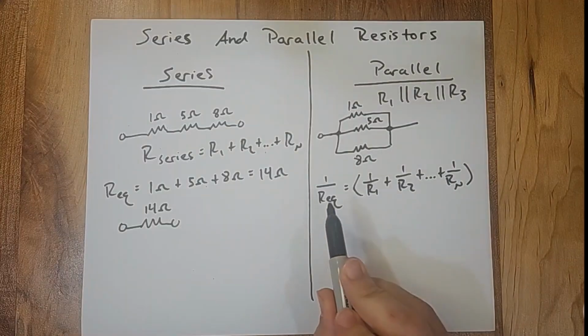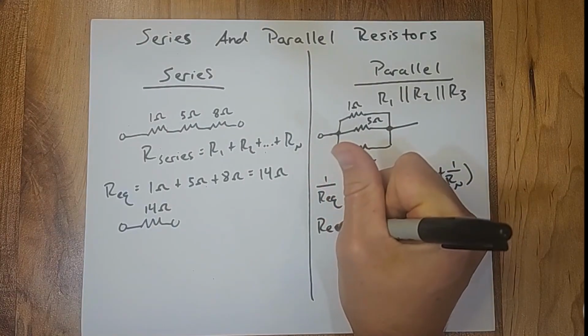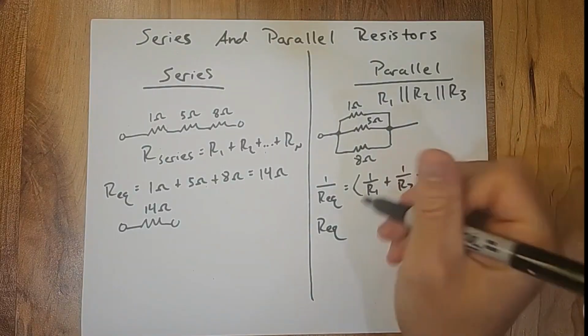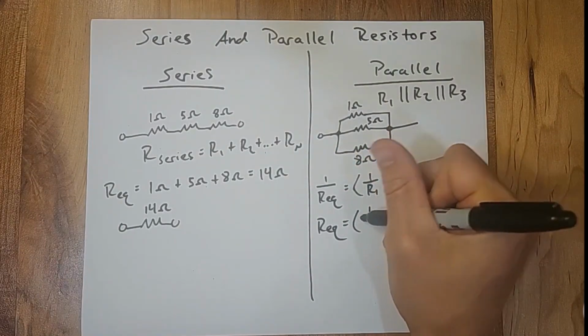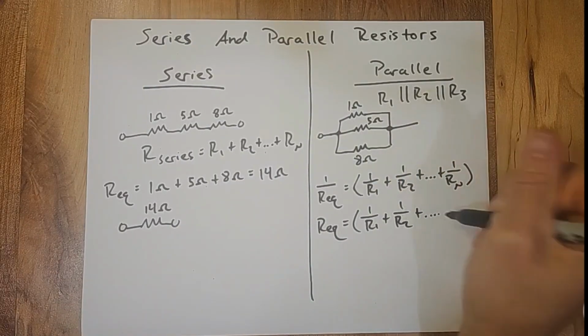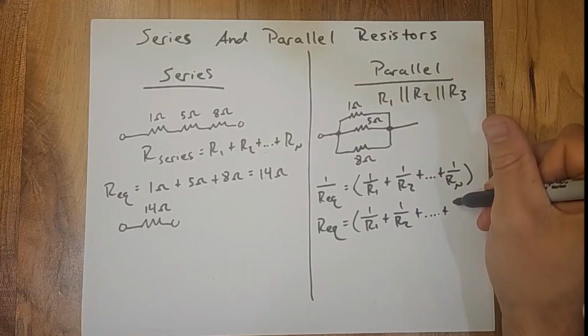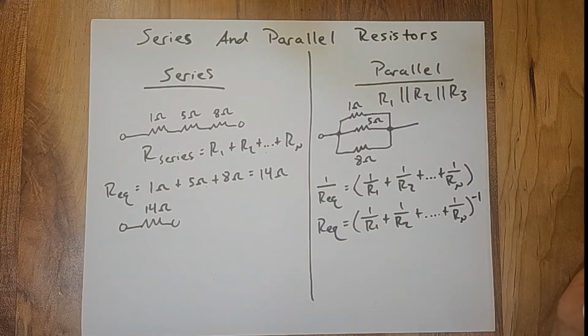But then you got to come back and get rid of this 1 over Req. So we could just write it as Req, or equivalent resistance, is equal to 1 over R1 plus 1 over R2 plus however many resistors you have, to the power of -1.